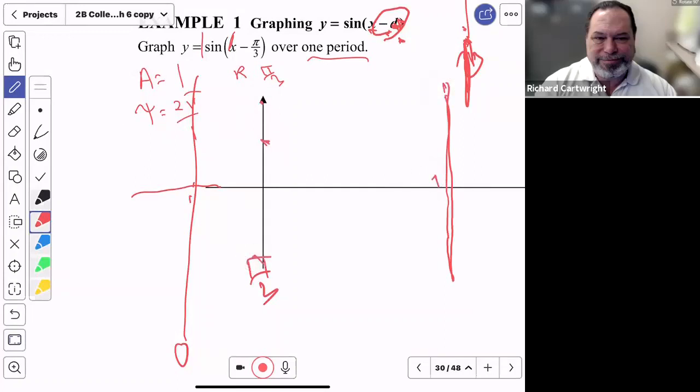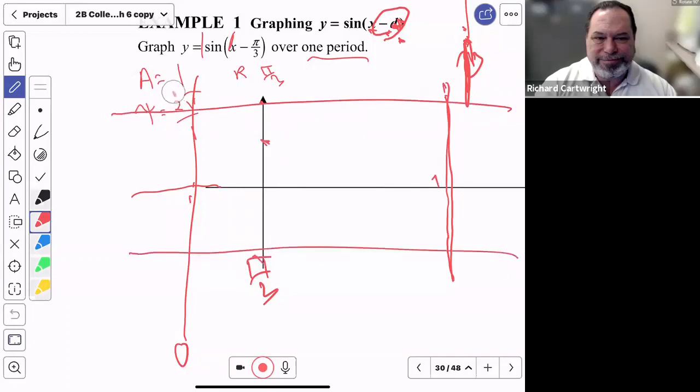Then I have to say, well, how high will it go and how low will it go? So I look at my amplitude. This thing does not shift up or down because there's no plus or minus a number being added to this function. So it's 0, add 1, 1, take away 1, negative 1.